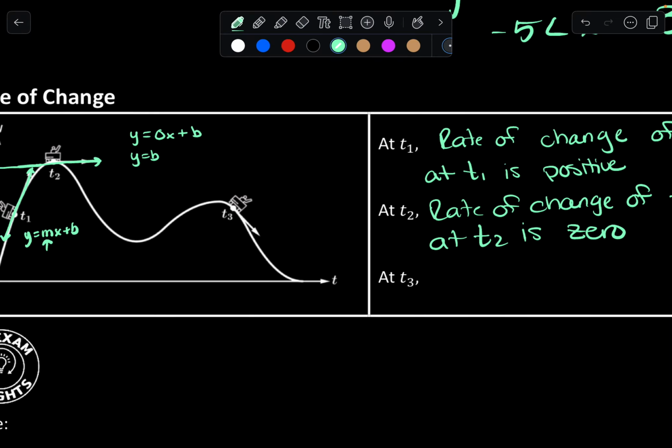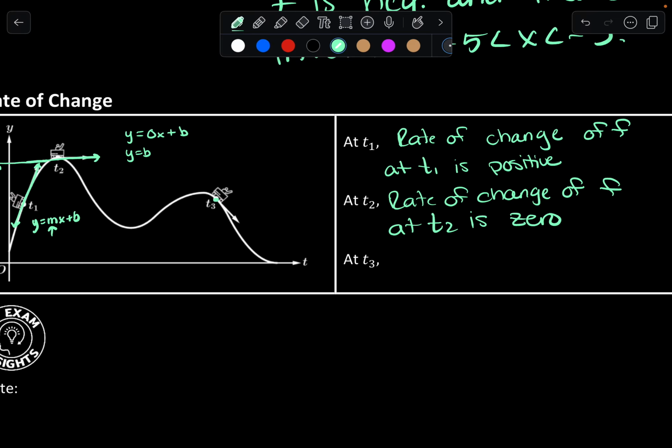And the last possibility is going to be what we see at t sub 3. Now, if we were to draw a tangent line at this point, the slope of that tangent line would be negative. So the rate of change of f at t sub 3 is negative.